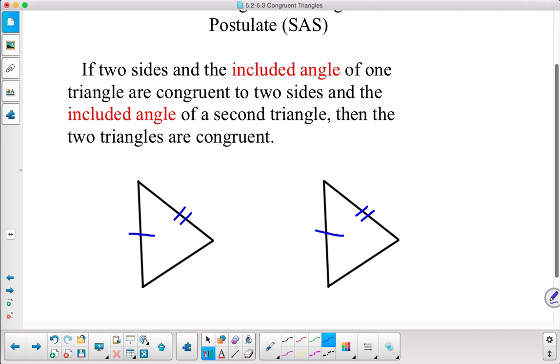And then it says the included angle, where the included angle has to be the angle that is made up of those two segments. So that angle right there is the included angle. And then the same picture over here, those two segments, the included angle is the one that is formed by those two. If those are congruent, the triangles will be identical.